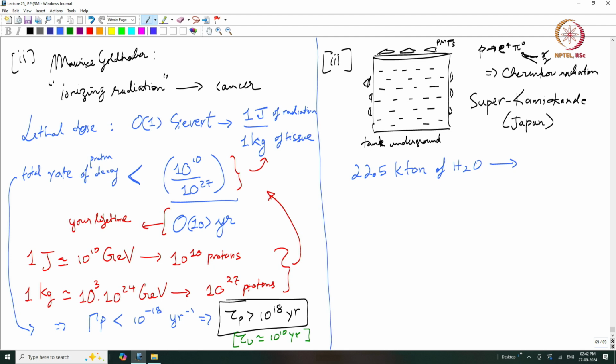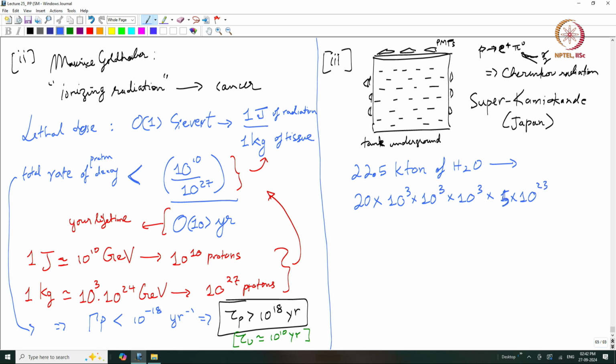So 22.5, right? So let me just take it as 20 times, I said kilo, so that is 10 power 3. Ton is 10 power 3 kilograms, right? Now I had kilograms, so I put one more 10 power 3. So kiloton means there are 2 kilos sitting in it, right? Then finally grams. Grams is what? 5 times 10 power 23 protons.